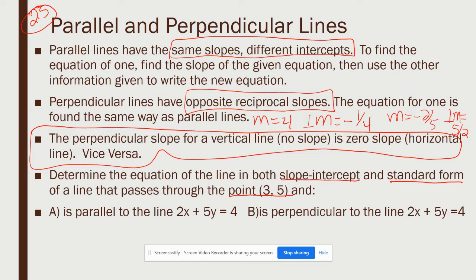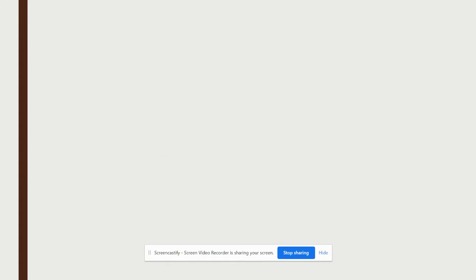So we have A. Parallel to the line 2x plus 5y is equal to 4. So that means that we have to start with finding the slope of this line. That means I want to put this in slope-intercept form.